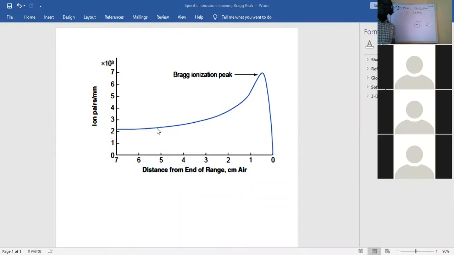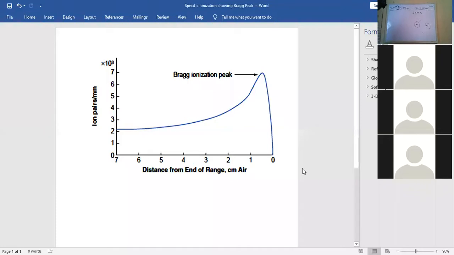As it is interacting with the orbital electrons, it is kicking them out, producing ion pairs. And the electrons that have been kicked out will continue producing other electrons, other charged pairs. So it gradually increases up to a particular point in which we have so many charged particles.